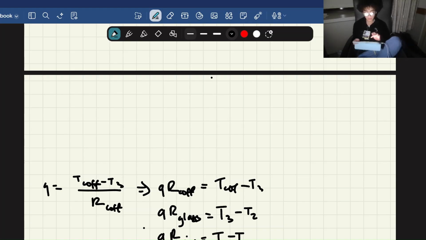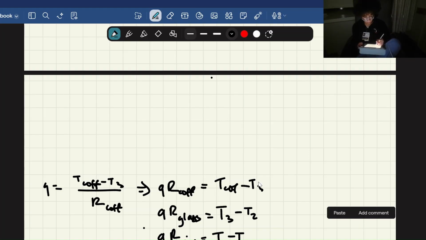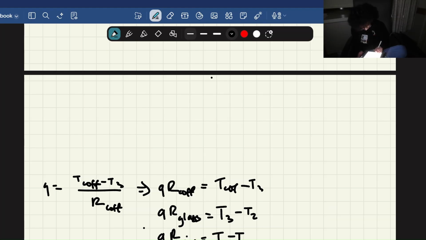So you see this over here, if you add all of these, Q R coffee, Q R glass, Q R insulator, and Q R air together, we would be able to cancel out T3, T2, T1. This one is T air, my mistake. So we would just cancel this out, cancel this, and cancel this.